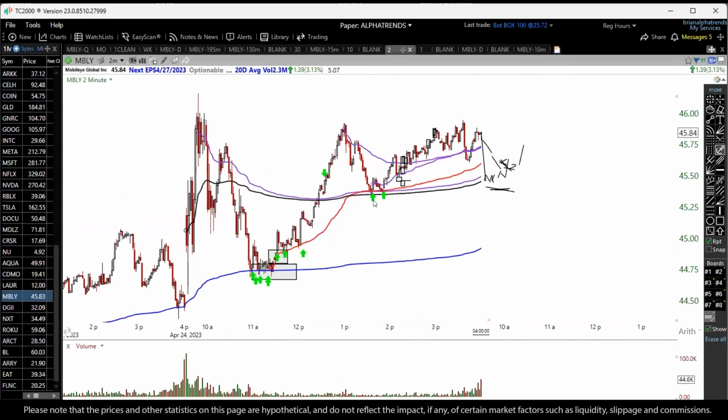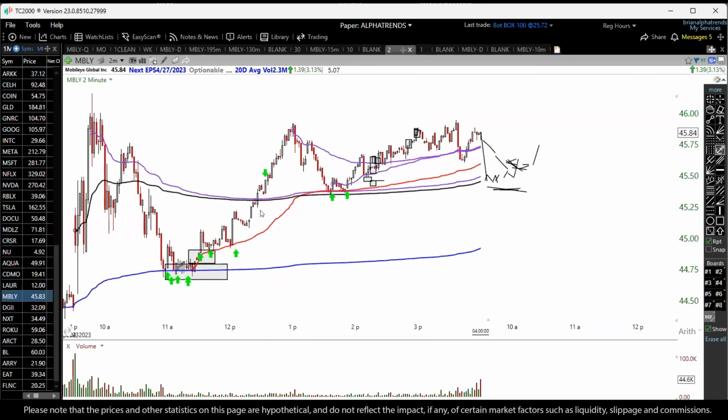So as it pulls back to that, maybe they're going to say, hey, I'm going to get out of this thing and provide a bid. Maybe a buy program hit there and it said, we're going to buy this through the end of the day, through the close, and we're going to buy as it pulls back to that level and defend it. So what we want to do is say, what's your personal preference? Is it your personal preference to buy as it touches that VWAP?